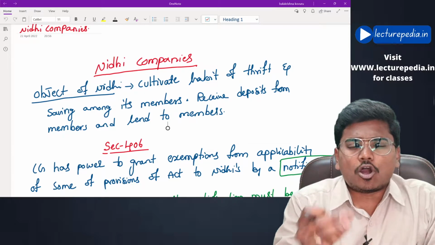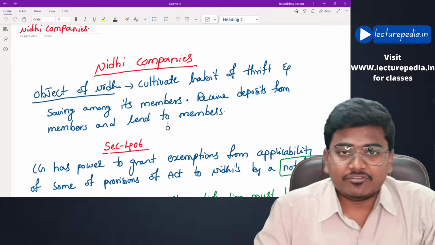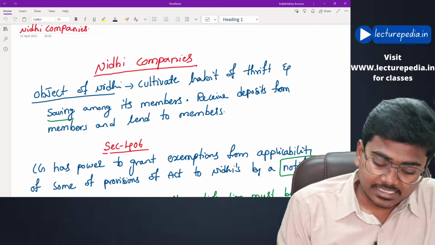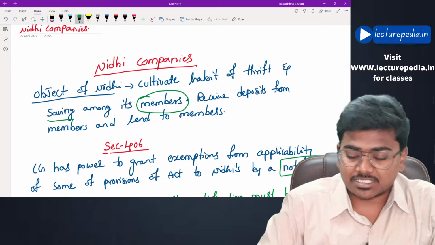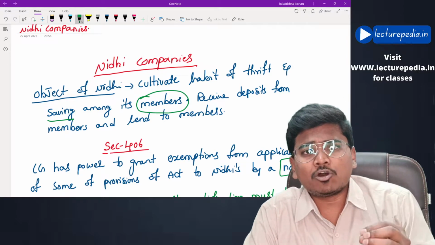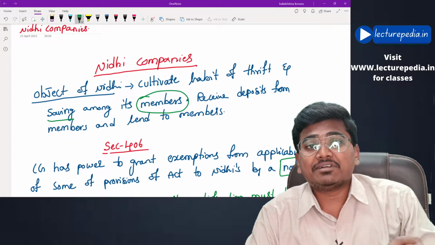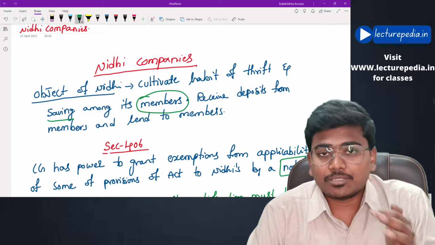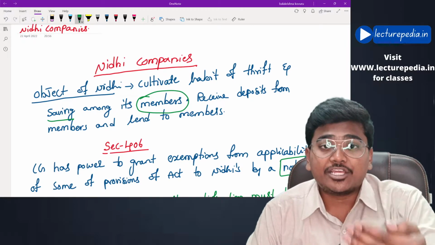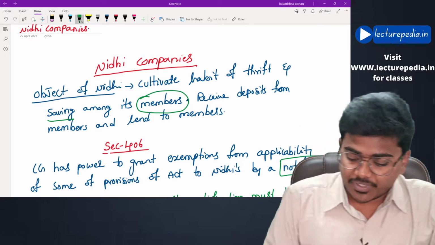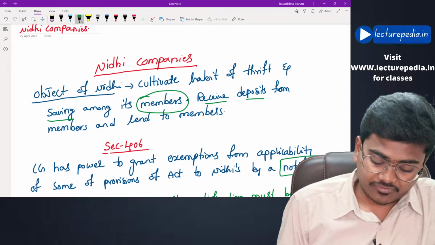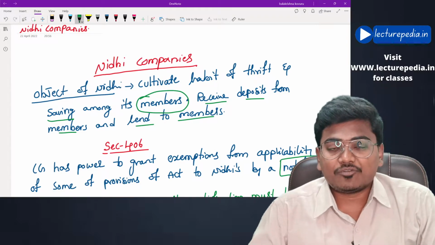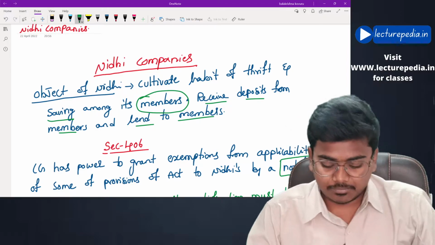The basic objective of a Nidhi company is to cultivate the habit of thrift and saving among its members, and also it will accept deposits and give loans to its members. That is the second objective: receive deposits from members and lend to the members. This type of company is known as a Nidhi company.